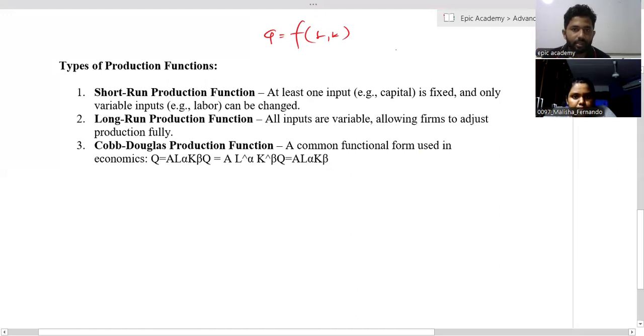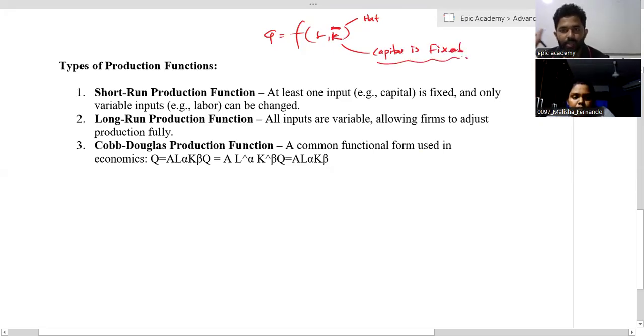What is it? It is K. If you put a symbol like that, we call it a hat mark. That means this factor, I mean capital, is fixed. Okay. Capital is fixed, but L is variable.